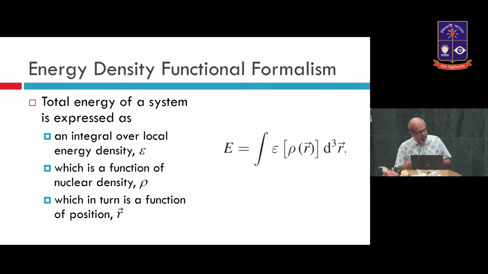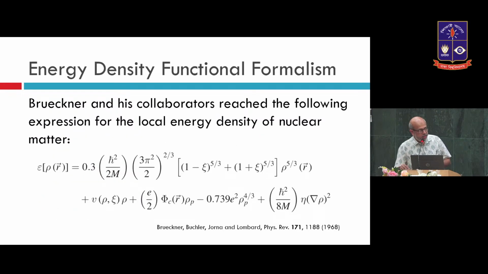Brueckner started much earlier, and it went through the whole 60s. He was writing paper after paper after paper, developing this, and it's quite a testament to the greatness of Brueckner himself.